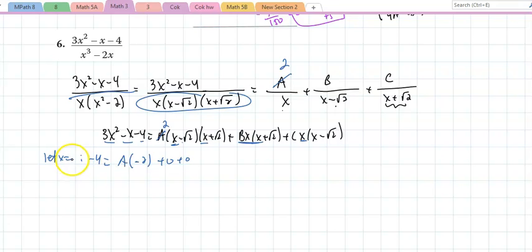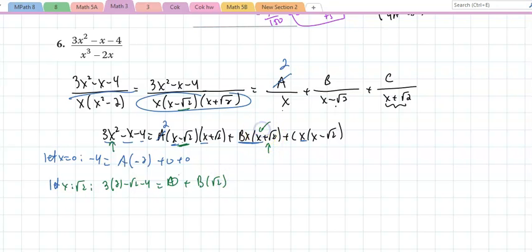Let x equal radical 2. Not a pleasant number. That's okay. If you put a radical 2 in there, you will get 3 times radical 2 squared is a 2, minus radical 2 minus 4 equal a. If you put a radical 2 there, that's 0. If you put a radical 2 there, that will be b times radical 2.